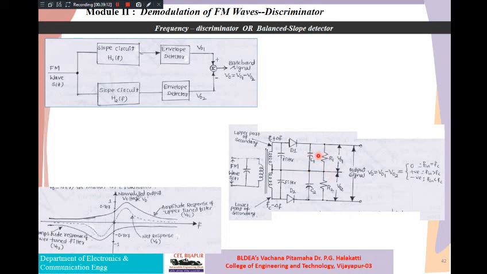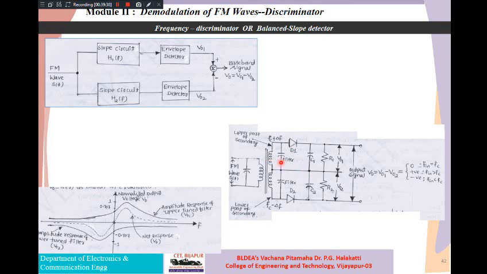Their outputs we are getting as V01 and V02, and you can see the normalized output voltage V0 versus f has been drawn to show the amplitude response of the upper tuned filter and lower tuned filter slope circuits.